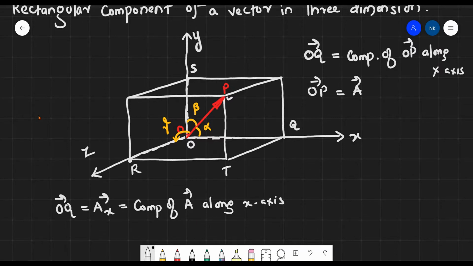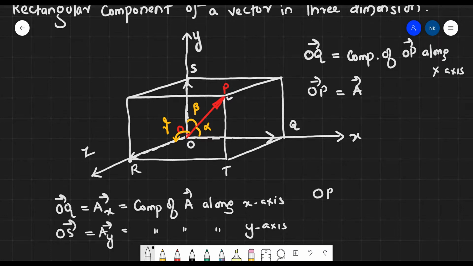ठीक है, now OS vector I'm going to name it as AY vector, that is component of vector A along y-axis, and OR vector, this is OR vector, this is OS vector, and this was OQ vector.